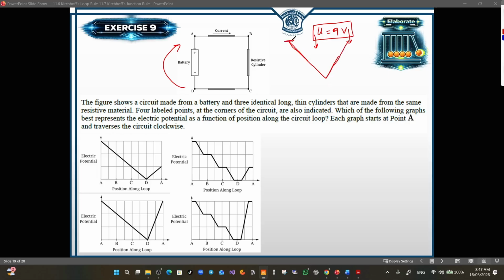So we started dropping from here, so the battery will raise it to here. And the amount of dropping should be exactly equal to the amount of increasing. And this is found here in this graph. So the correct answer is actually this graph. If this is A and this is B, C and D, the correct answer is B.